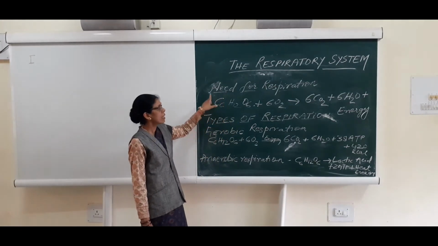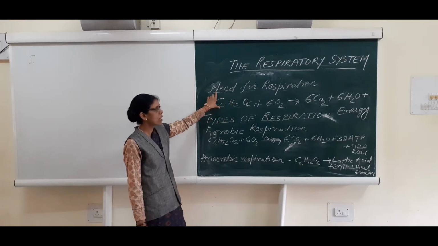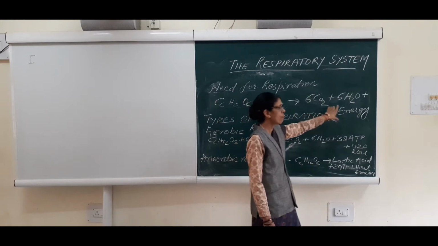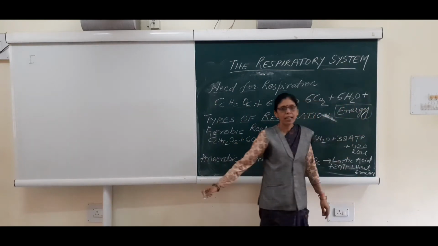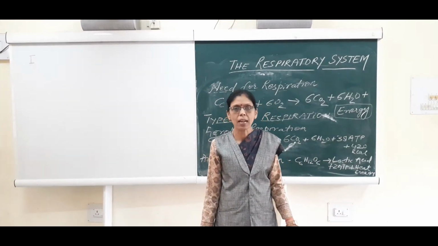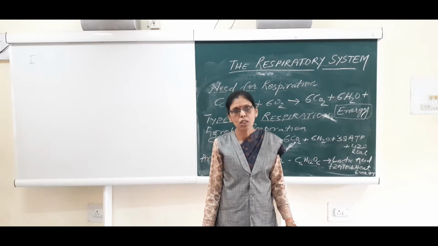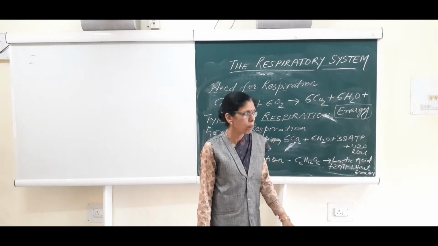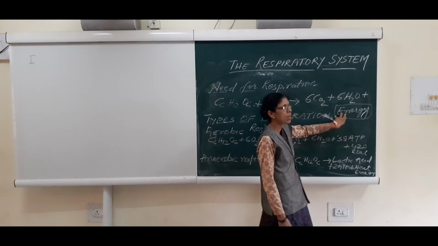What is the need for respiration? The need for respiration is liberation of energy. How is this energy liberated and how is it utilized by human beings and living organisms? Energy is necessary for work, it is the ability to carry out work, but how is it liberated or released?